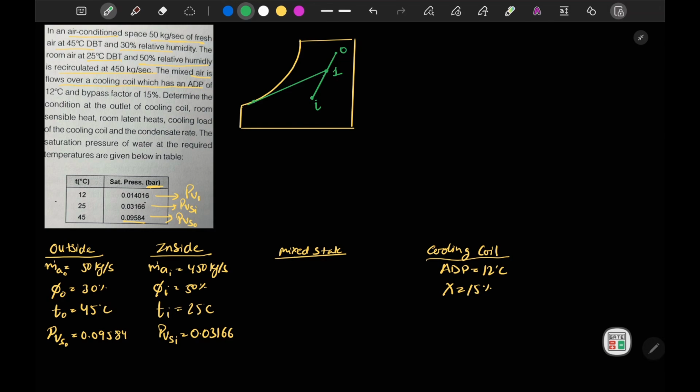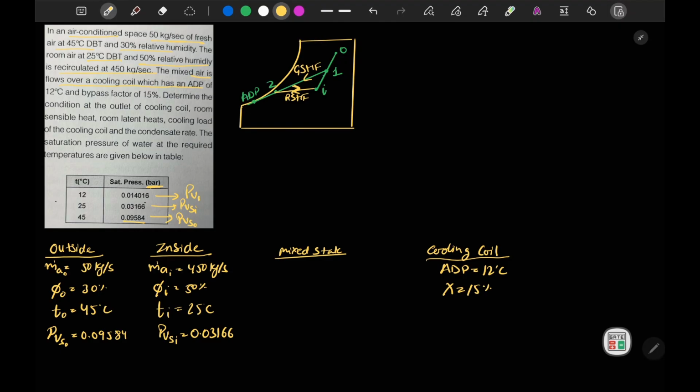Let me mention, this is our I point, inside. Now this is our ADP, the cooling coil temperature. Now this is point 2, the state condition at point 2. Now 2 to I is our room sensible heat factor line, and 1 to 2 will be the grand sensible heat factor line. So this was our diagram.